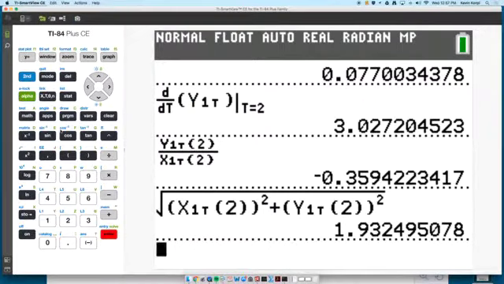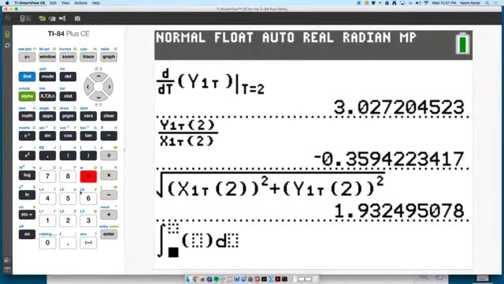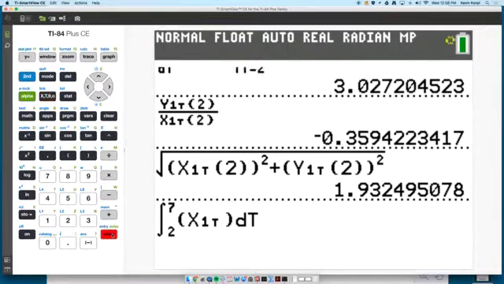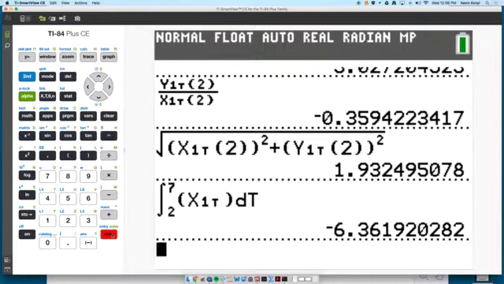Now you just go to your calculator and you type in what you have. Okay, so math number what? 9, 2 to 7. And my derivative for x is in number 1. And with respect to t, and we write it down. And I'll put mine in chevrons. I kind of like writing in chevrons. 3, 6, 1, or 3, 6, 2.